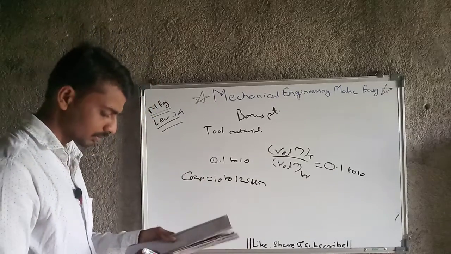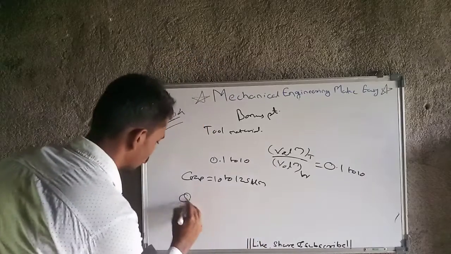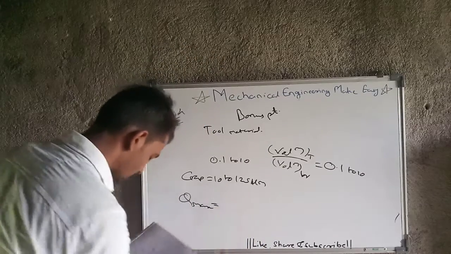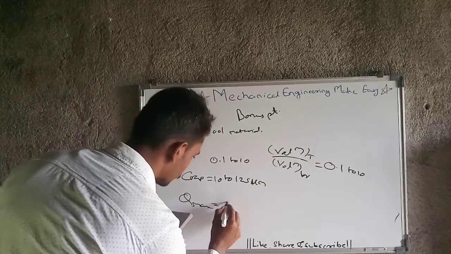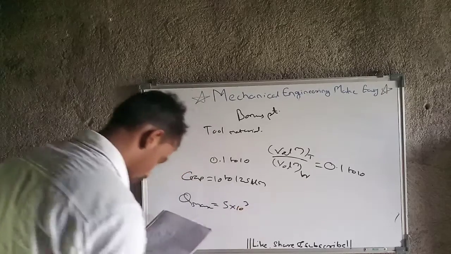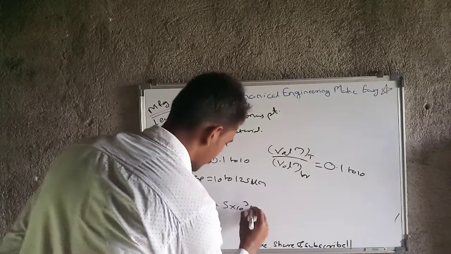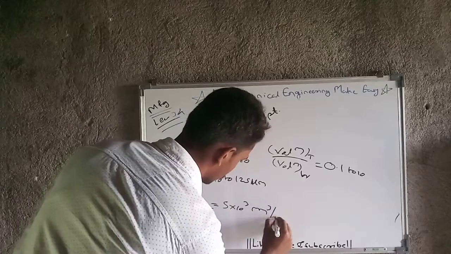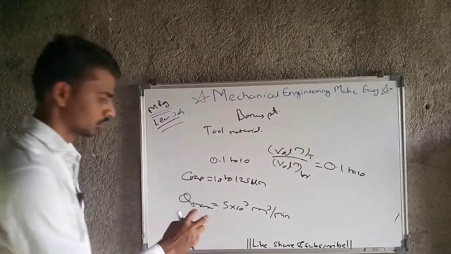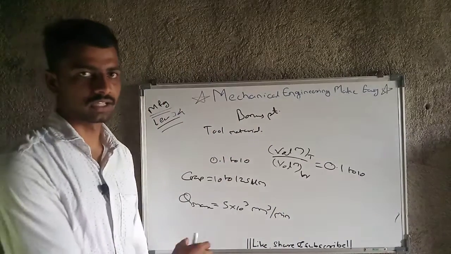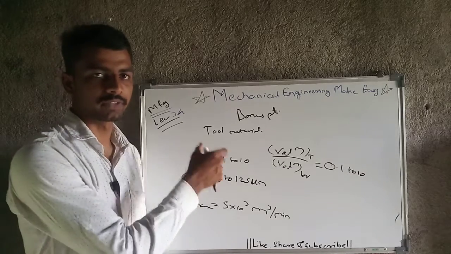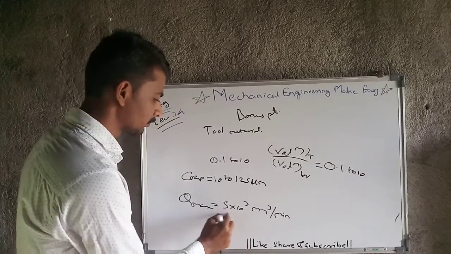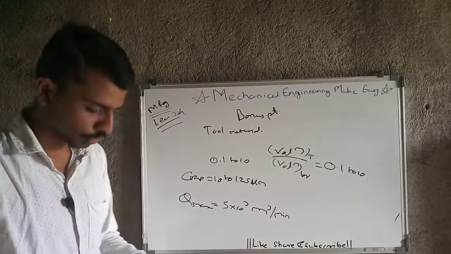Then next is maximum MRR, that is Q max, and that value is 5 into 10 raised to 3 mm cube per minute. So the maximum material removal rate that we can reach with the help of electric discharge machining is 5 into 10 raised to 3 mm cube per minute.